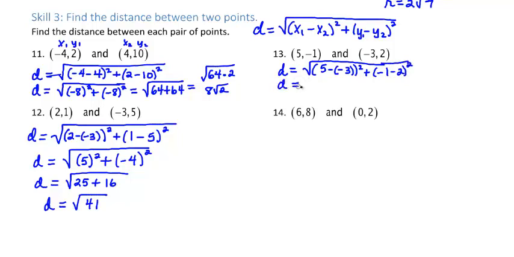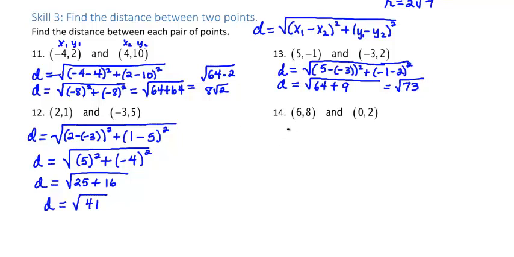The distance would be equal to the square root of 5 plus 3, or 8 squared, and I'll go ahead and write that as 64. Negative 1 minus 2 is negative 3, and negative 3 squared is positive 9. So simplifying that gives us that the distance is the square root of 73.